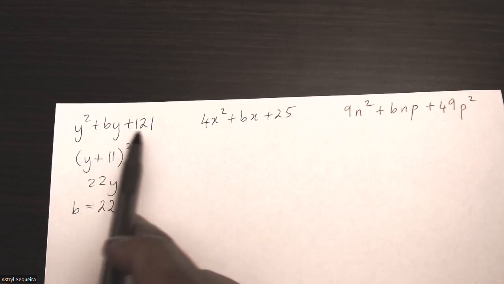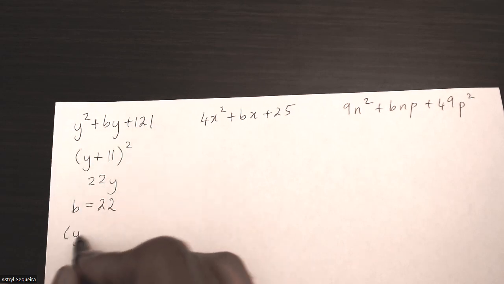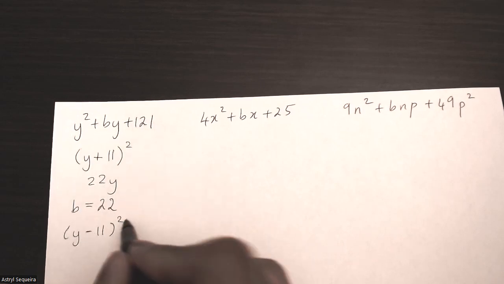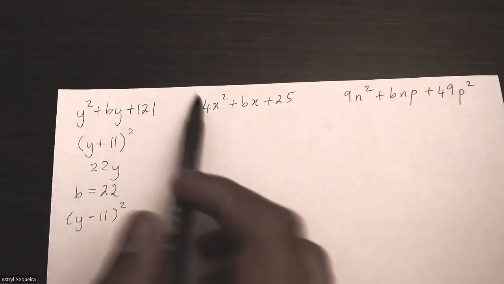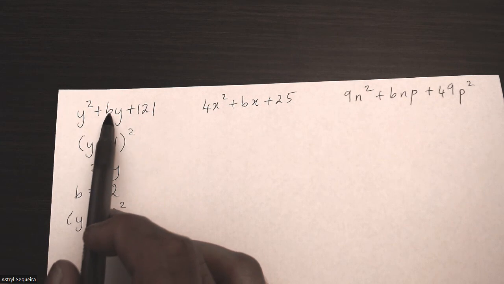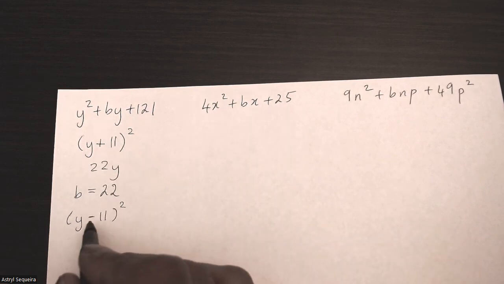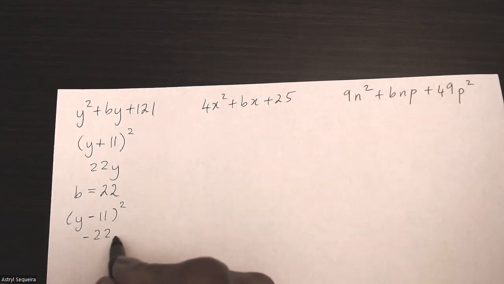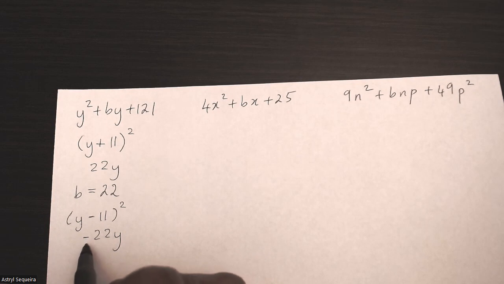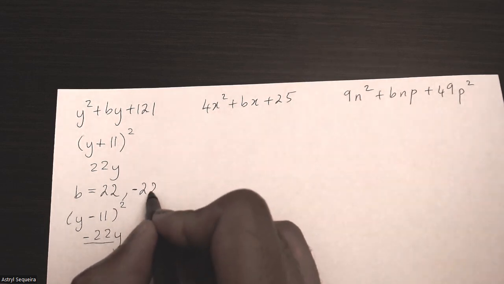Now, another possibility for a perfect square over here could also be y minus 11 squared, because this will still give me the same answer. It doesn't matter if this sign is a plus or minus, because I could always make b a negative number as well. And if I multiply this times this times this, I'll get negative 22y, which means b can also be negative 22.